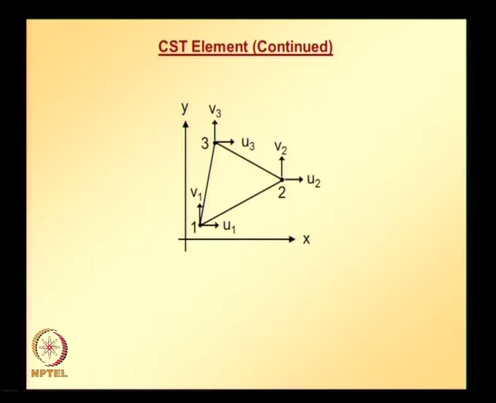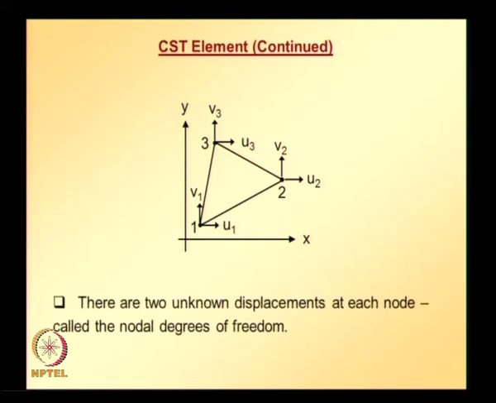So, the trial solution for displacement in the x direction, and for displacement in the y direction, consists of a polynomial which is going to have 3 coefficients, and since we are dealing with the 2-dimensional case here, that polynomial is going to be a linear polynomial in x and y directions. So, there are 2 unknown displacements at each node called nodal degrees of freedom.